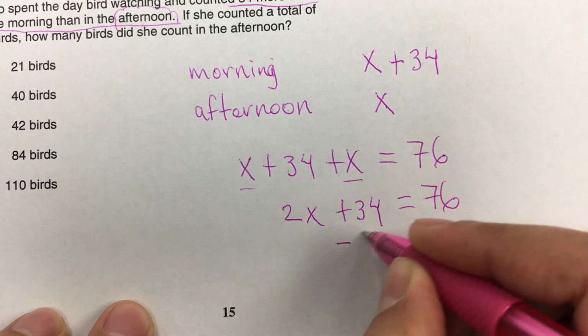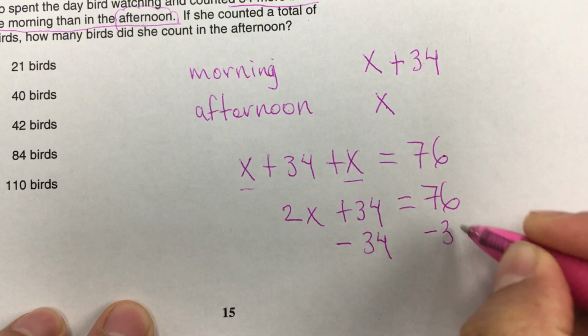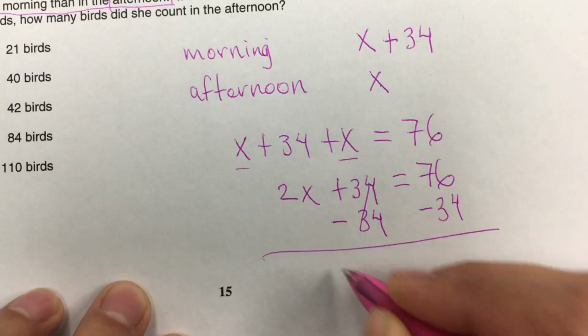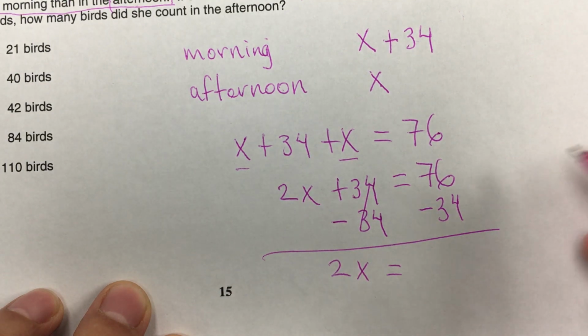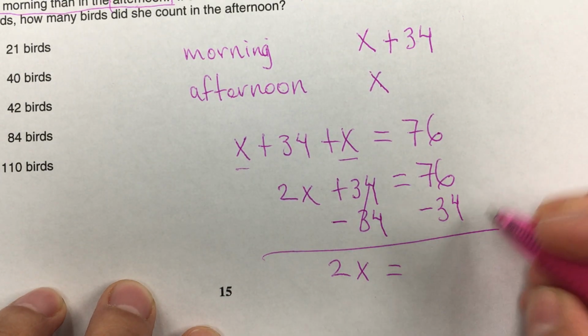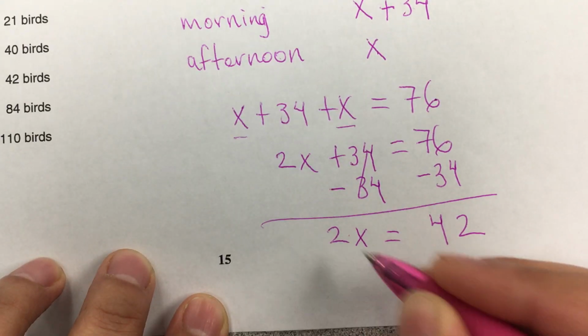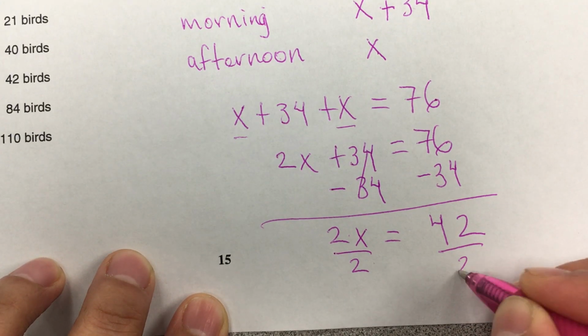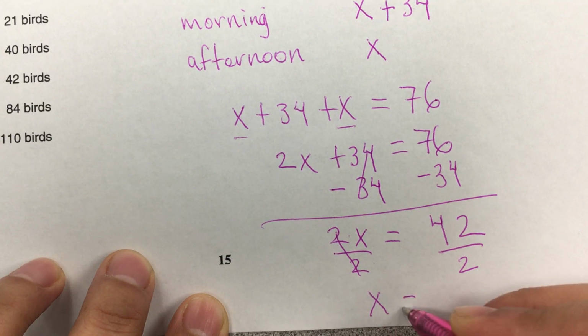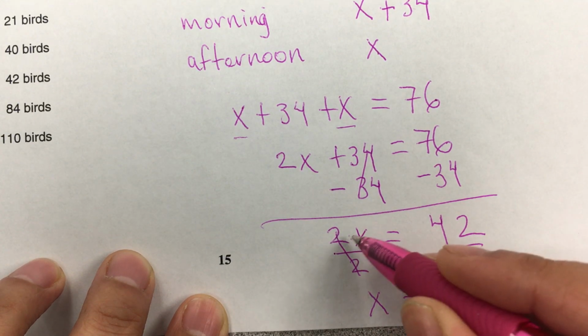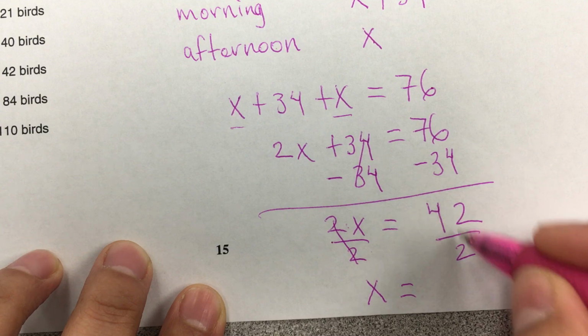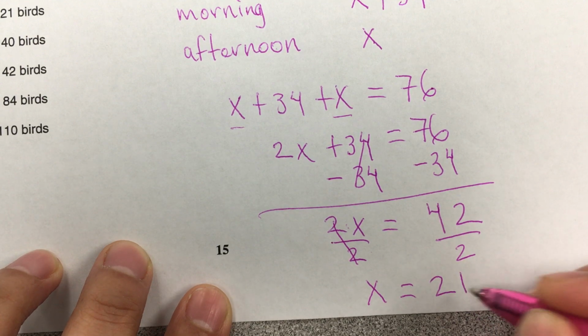We subtract 34 from both sides, and 2X is equal to 6 minus 4 is 2, 7 minus 3 is 4. The last step is to divide both sides by 2, because this is multiplication, even if it doesn't have times in there, and you get 21.